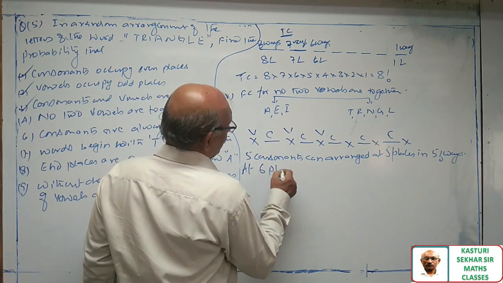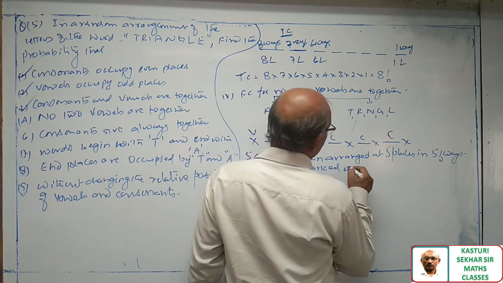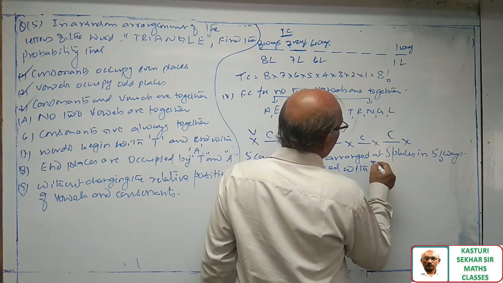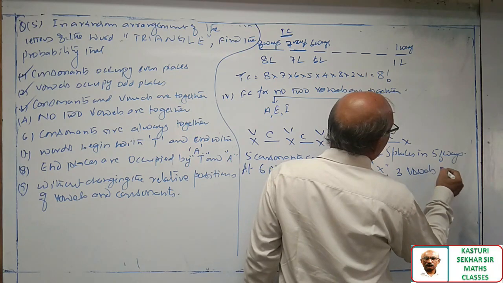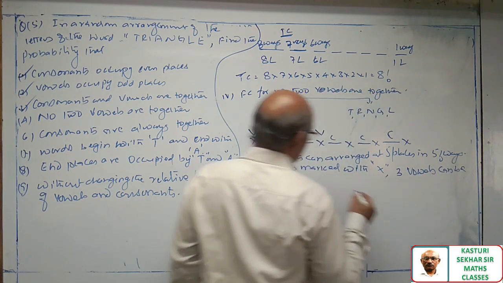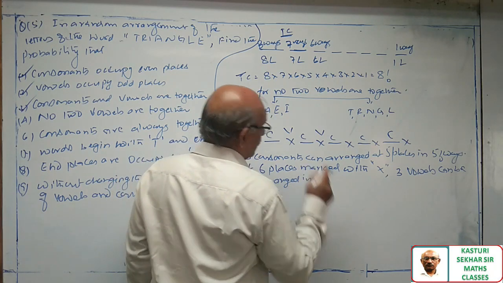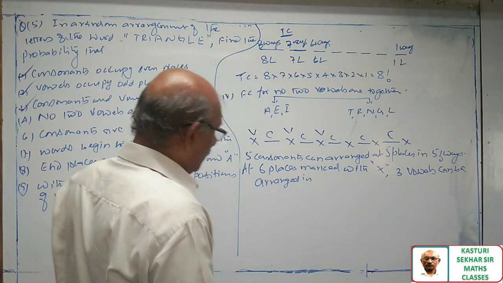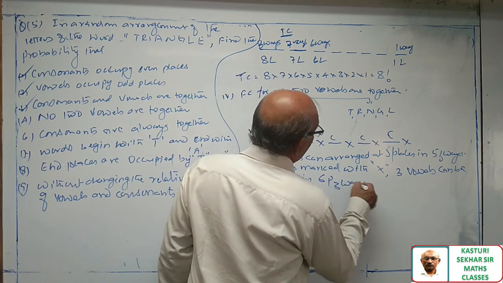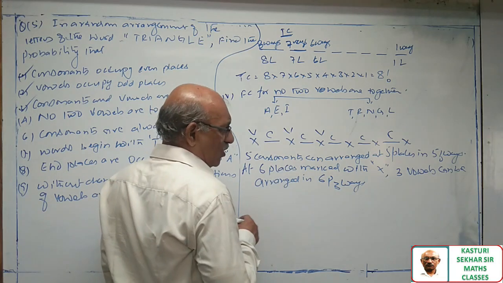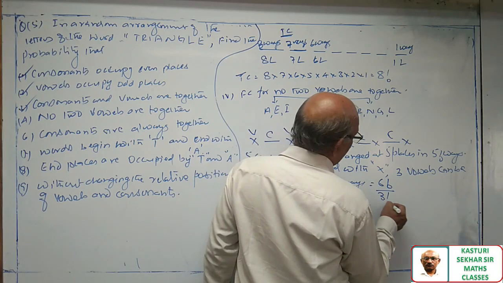So at 6 places, marked with a cross, 3 vowels can be arranged in 6P3 ways. 6 places are there, places are more, objects are less. So 6 factorial by (6 minus 3) factorial.